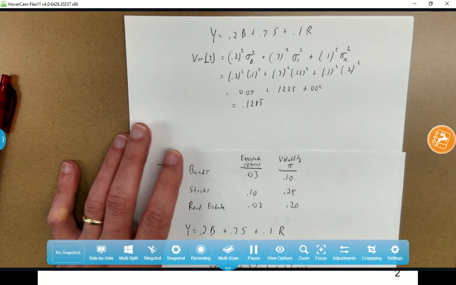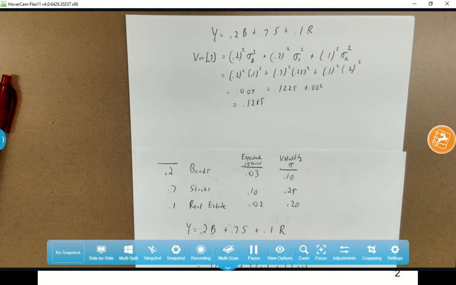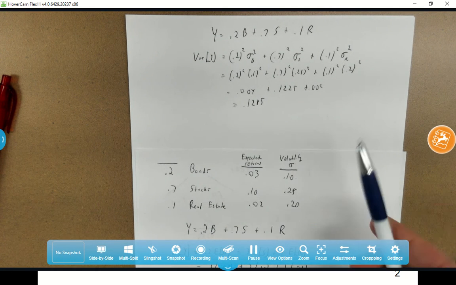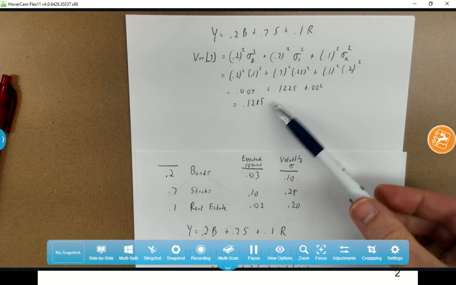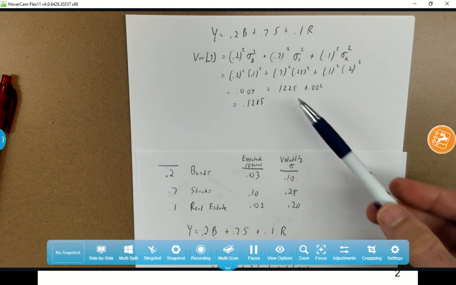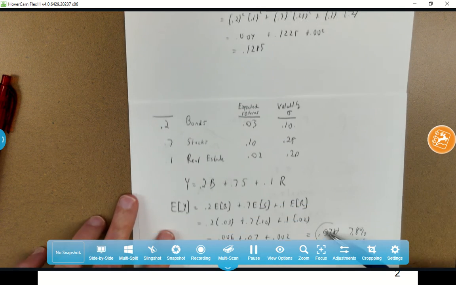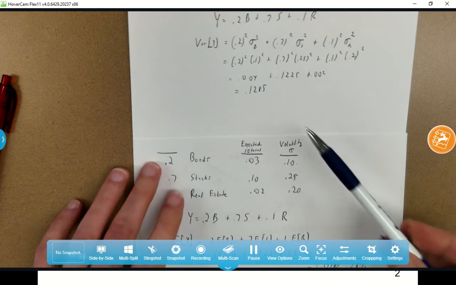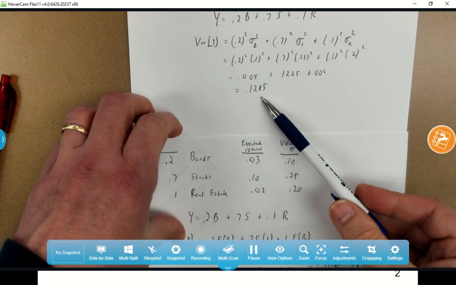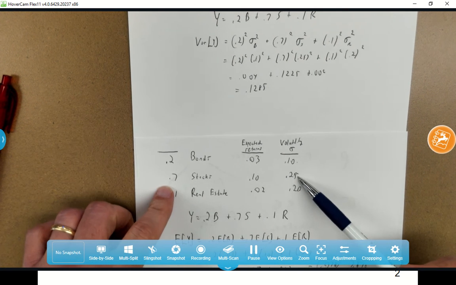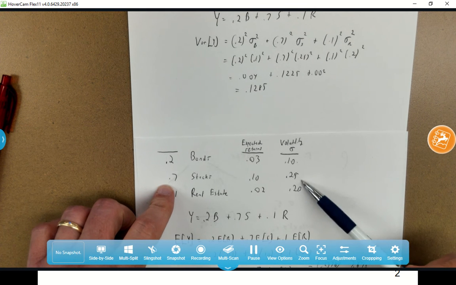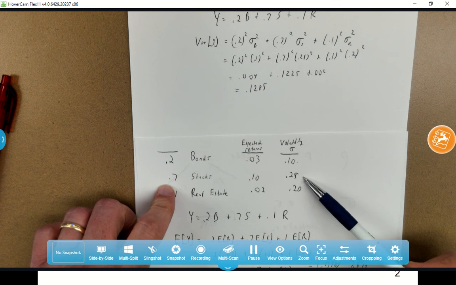And this is kind of the first time we see the value of diversification in our portfolio. So we lose a little bit in terms of our expected return. Remember, we only expected a gain of 7.8%, but we've decreased our volatility. If we had put it all in stocks or all in real estate, we'd have a pretty high volatility of 0.25.